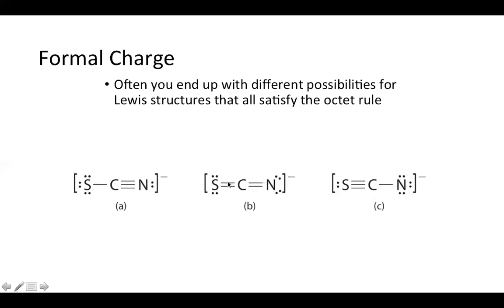And you could count the electrons around the S, C, and N in structures B and C, and you will see that they are also satisfying the octet rule. So currently, as is, each of these structures are equally good. But once we add in this concept of formal charge, we will see that they're not actually equally acceptable structures, okay?